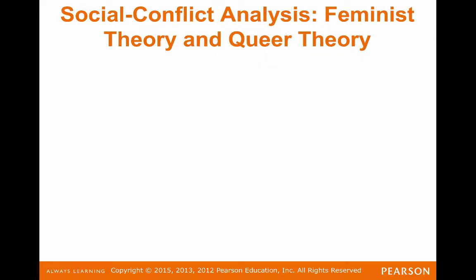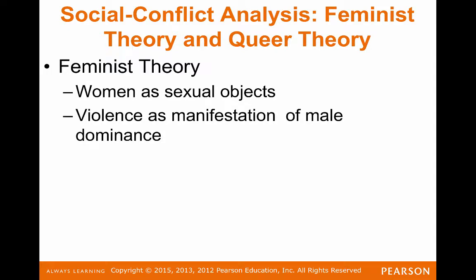So social conflict analysis is really taking into account feminist theory and queer theory. Feminist theory is looking at how, in this context of sexuality, women are seen in the culture largely as sexual objects, right? They're not subjects, meaning that they aren't the doers of the action, they are receivers.